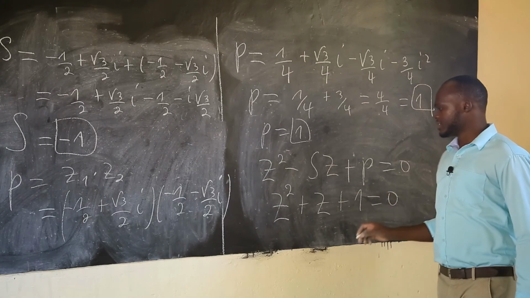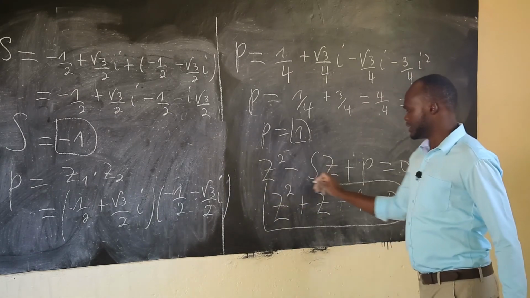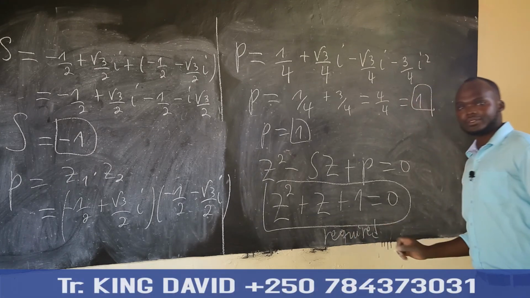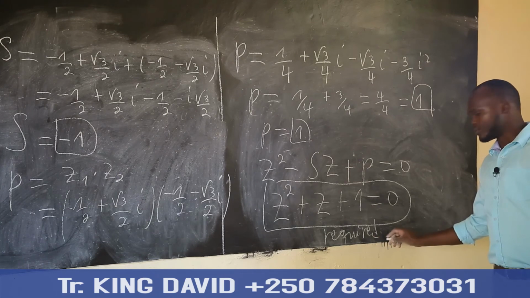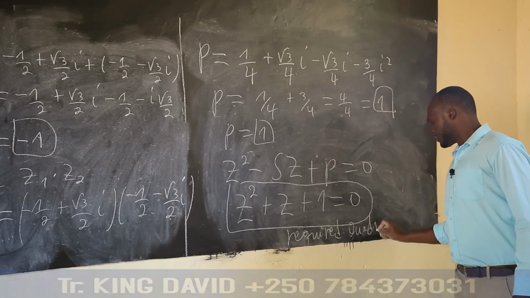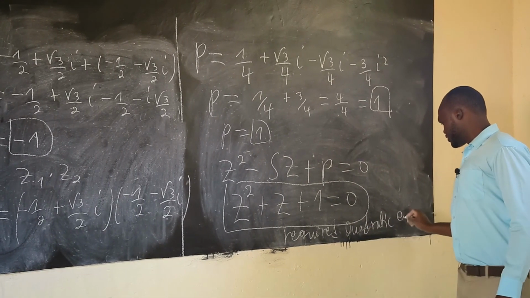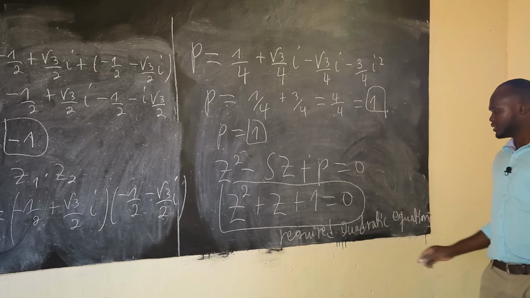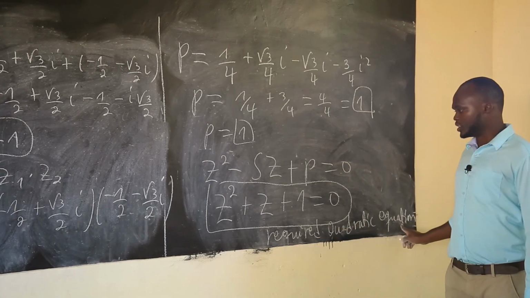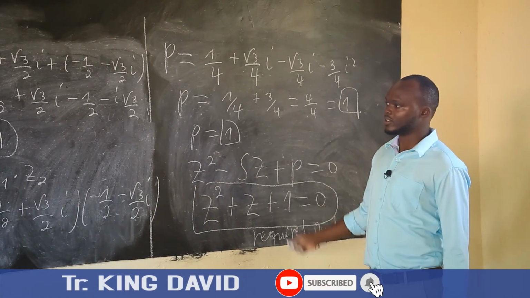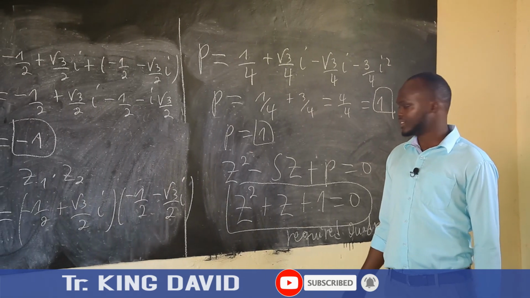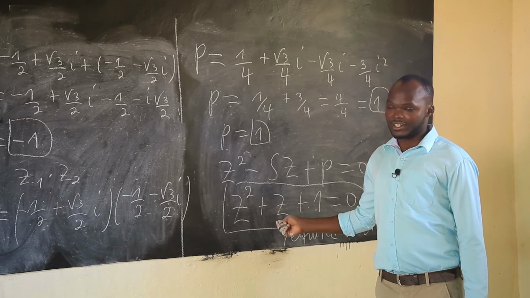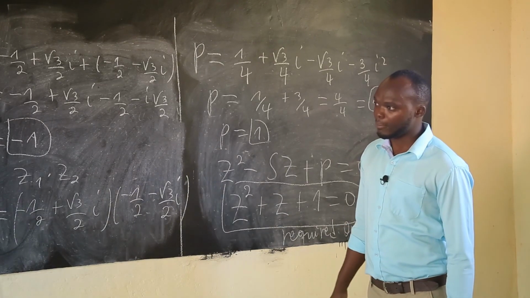So z squared plus z plus 1 equals 0 is the required quadratic equation. So that's how we do it when we are given one of the roots: the second root will be the conjugate of the given one. I think this one is clear. So let's go to number 3.